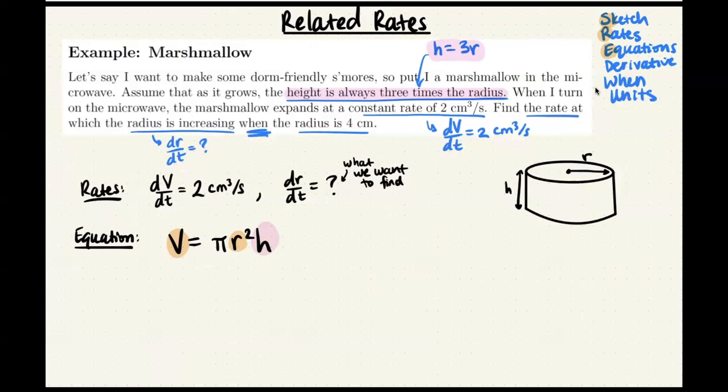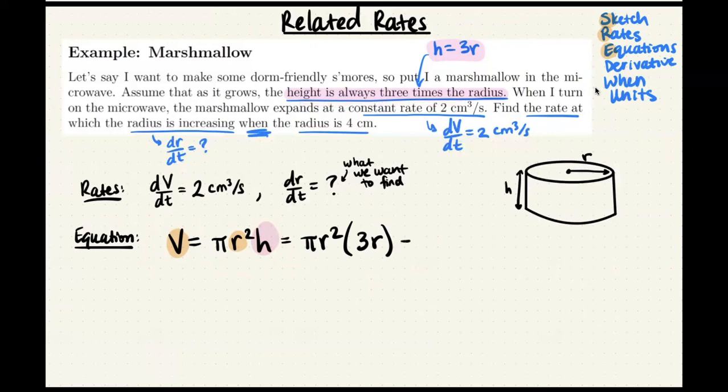If I want this equation to only involve little r, I need to make this substitution: wherever I see h, I'm going to put 3r. So this is pi r squared, and instead of h, I was told just in this problem, not in general, not forever and ever, but we have some special marshmallows here where this is always happening.